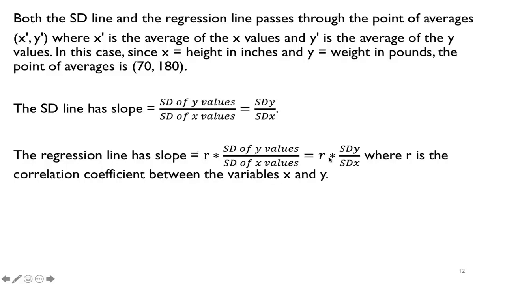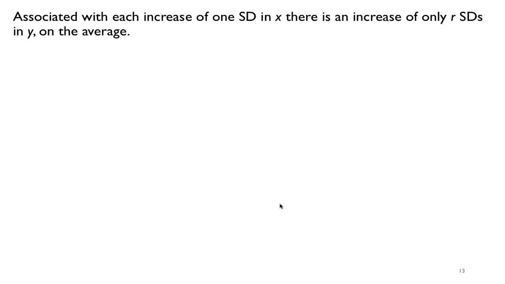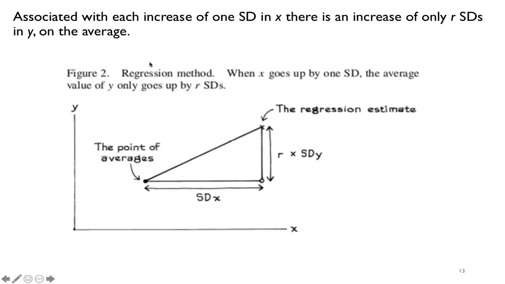In other words, it is R times SDY divided by SDX, where R is the correlation coefficient between x and y. In this example, R is 0.40. And so associated with each increase of 1 SD in x, there's an increase of only R SD in y on average. So that's what the regression line says.